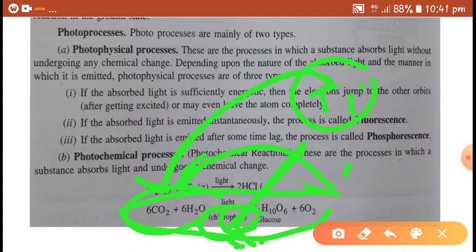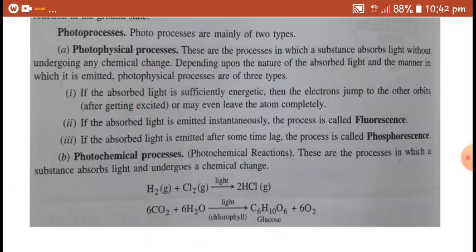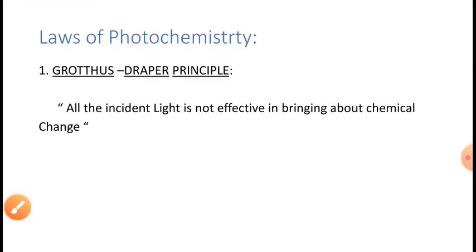So chlorophyll is called a photosensitizer: it absorbs the light and transfers it to the reactants. Such substances are called photosensitizers. So what I am trying to say is that photosensitization reactions also do not bring the chemical change directly. This Grotthus-Draper law is also called the first law of photochemistry.